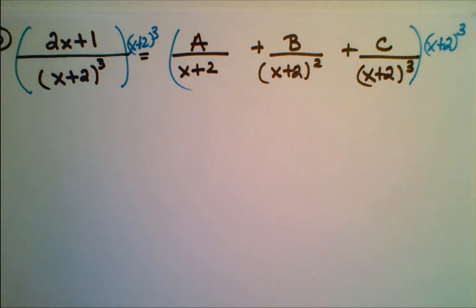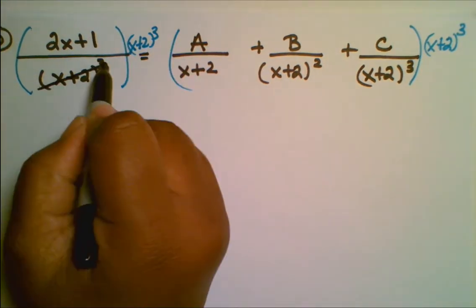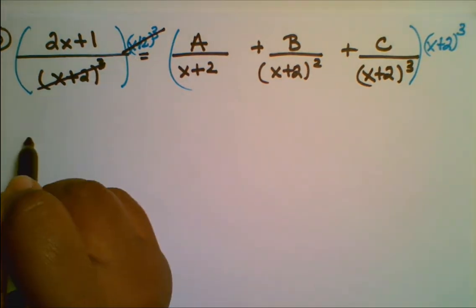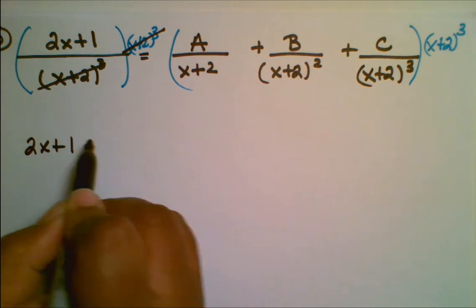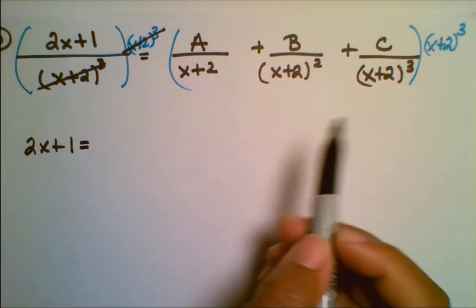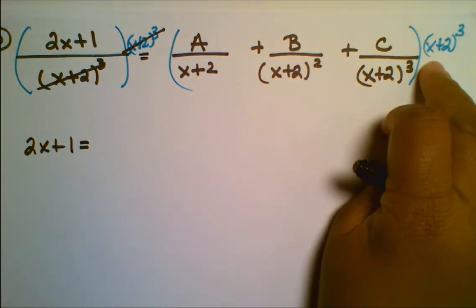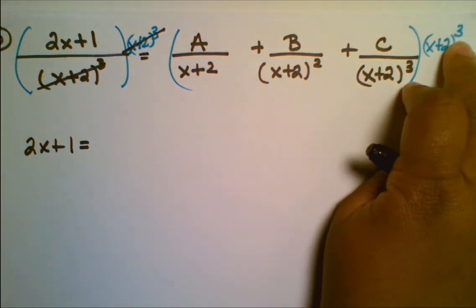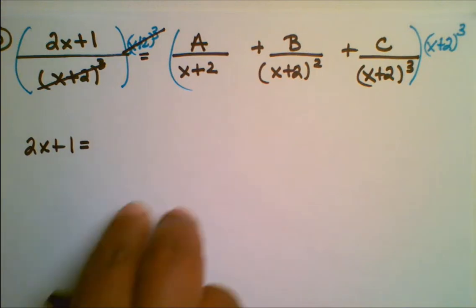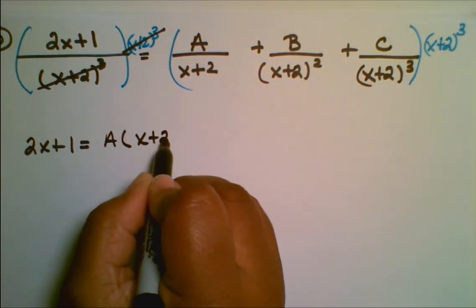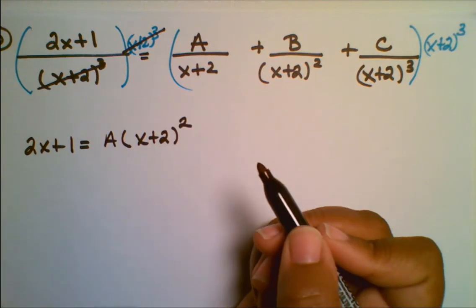So on the left-hand side, the denominator and the LCD cancel out. We have 2x + 1 equals... Here we go. We're taking an x + 2 away from (x + 2) cubed. That's going to leave us with A times (x + 2) squared.